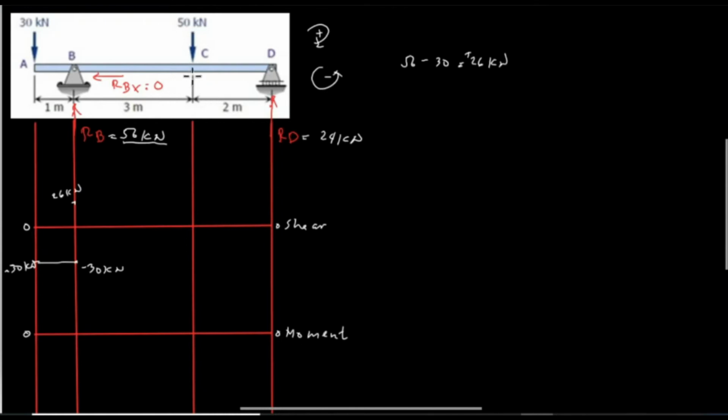Next, from B to C, we don't have a uniform load or any load.